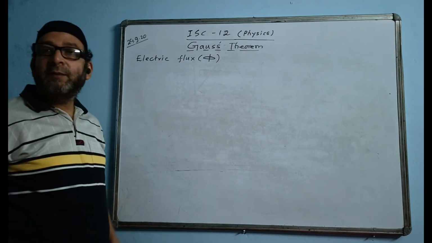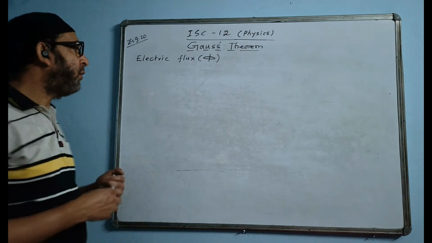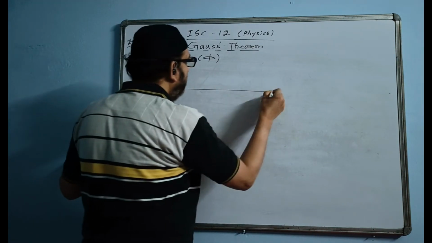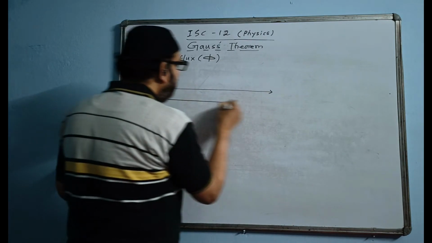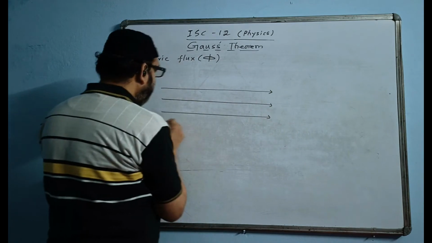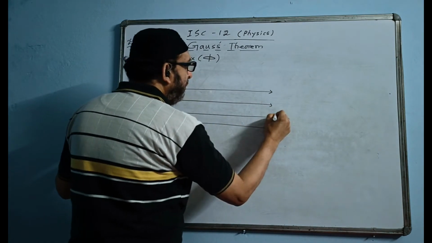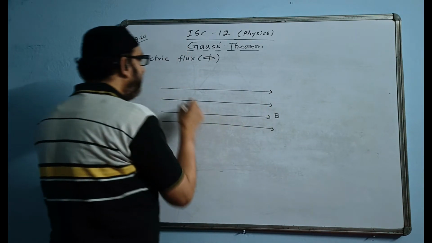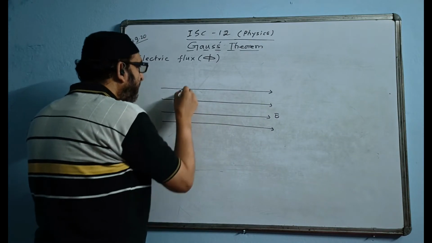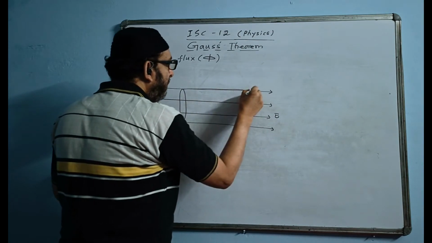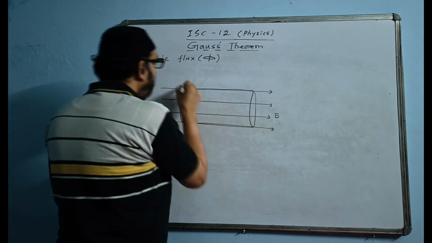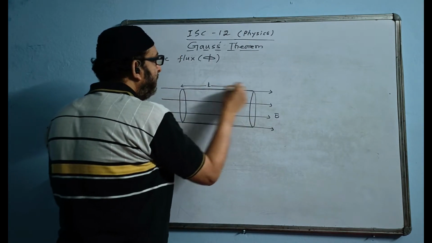This question is very famous in the CBSE board, so this is quite an important question. They have given a figure like this. The uniform electric field is given by these parallel lines. The value of the electric field is the same everywhere, and they are showing you a hollow cylindrical conductor like this. This is the length L given.